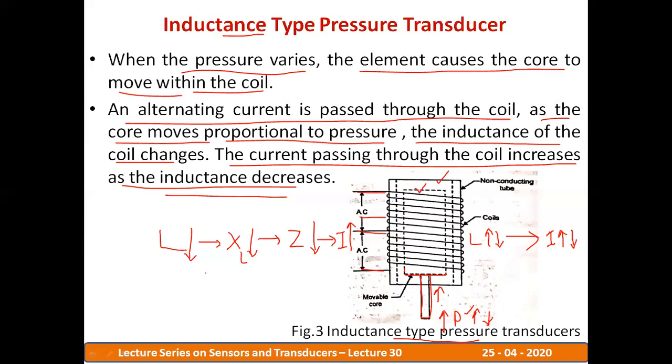So basically, change in the pressure is converted into change in the current of the coil. By measuring this change in the current, the pressure value is measured. This is how the inductance type pressure transducer works.